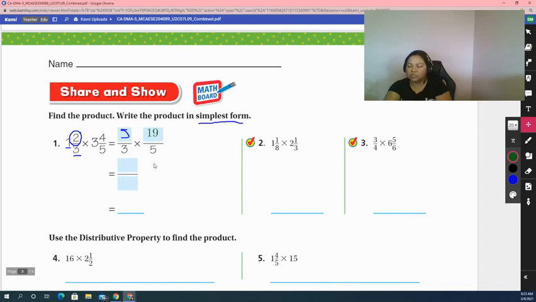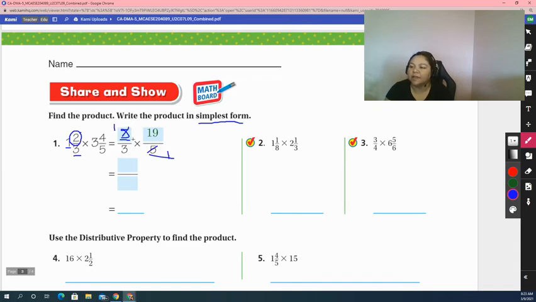Now I am ready to multiply, but I'm going to cross simplify to make it easier, right? To cross simplify, I'm going to look diagonally at the numbers. So 5 and 5 can cancel out because I can divide both by 5 and I get 1, right? 5 divided by 5 is 1, 5 divided by 5 is 1.